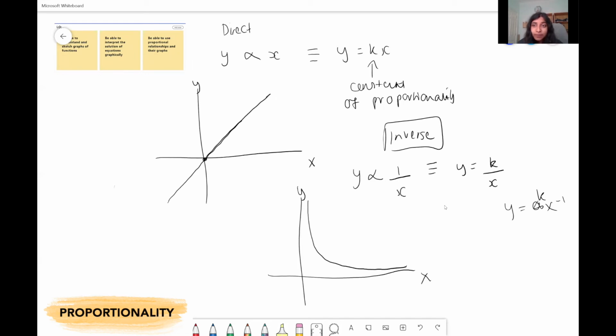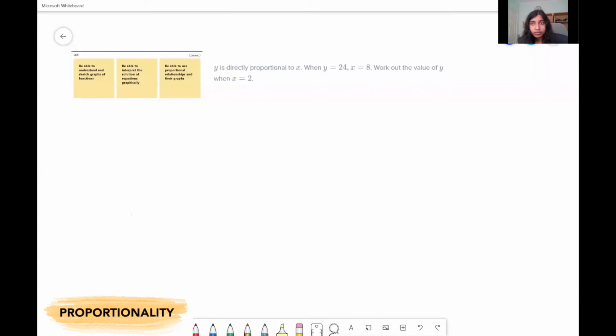So if we do some example questions, this would make it clearer. So we have an example here. y is directly proportional to x. When y is 24, x equals 8. We have to work out the value of y when x is equal to 2.